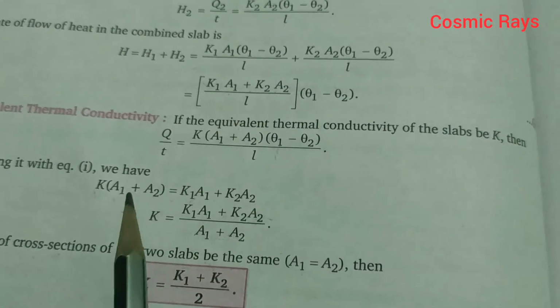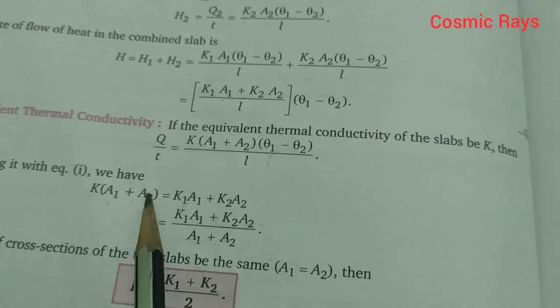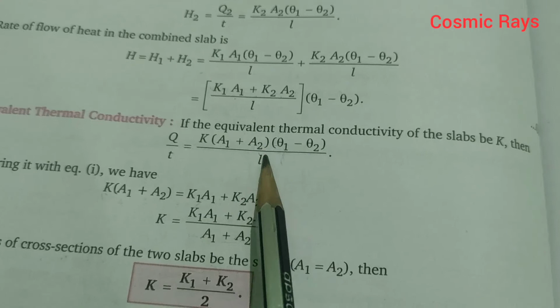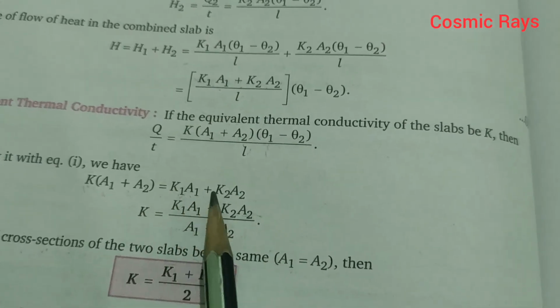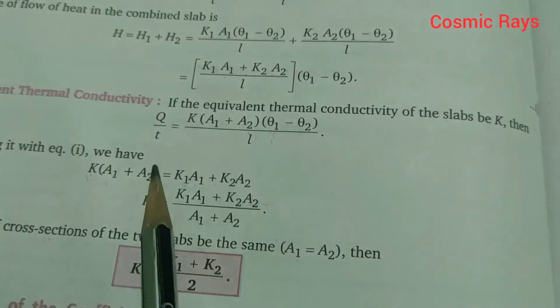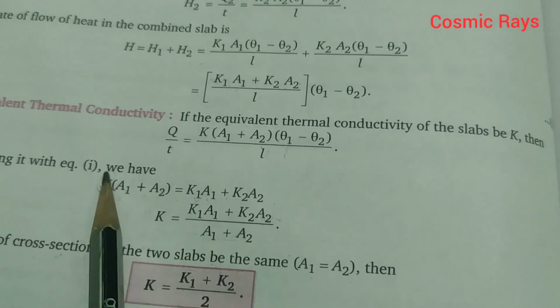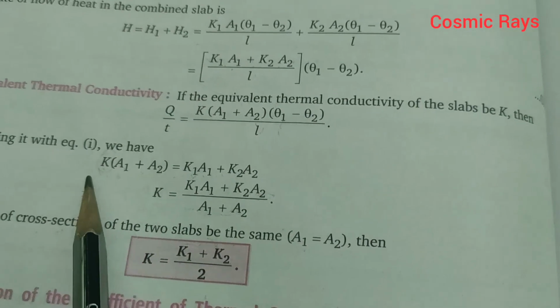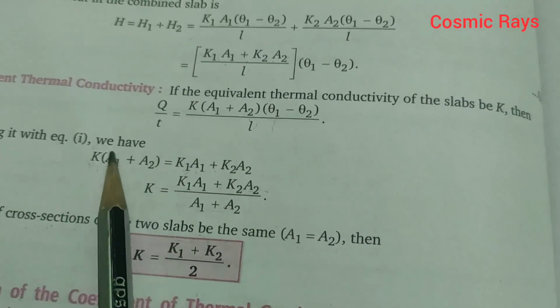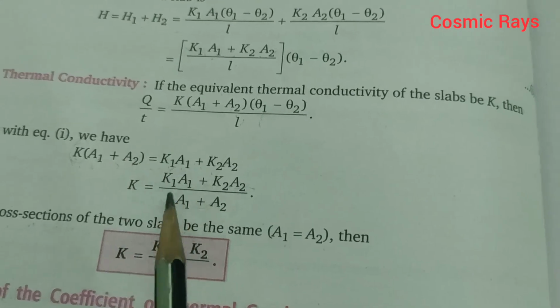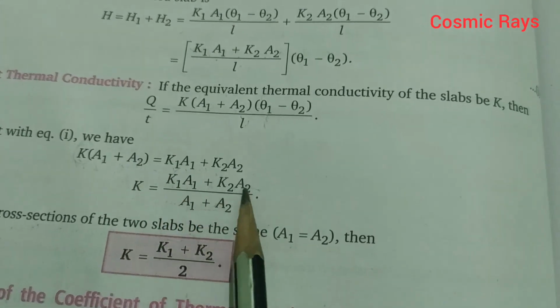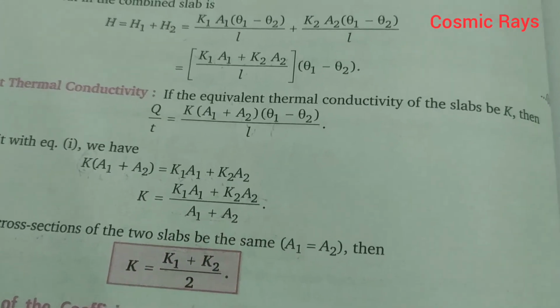So we have K(A1 plus A2), L and L will also cancel out, is equal to this part, K1A1 plus K2A2. So from here we can simply find the value of K, the equivalent thermal conductivity, by taking A1 plus A2 to the right hand side. So this becomes K1A1 plus K2A2 divided by A1 plus A2.